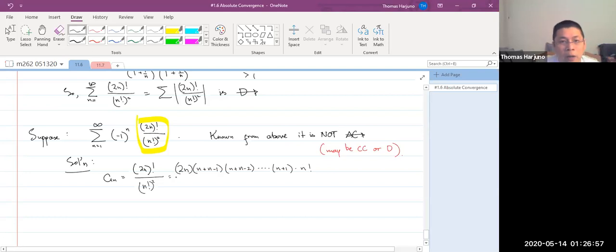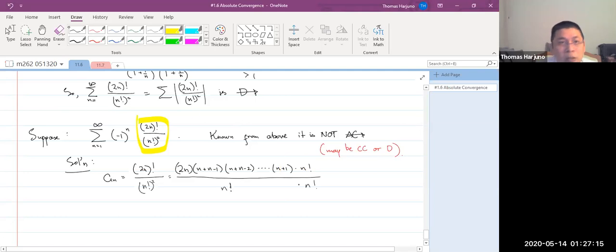While at the bottom, I have n factorial times n factorial. That way I can cancel this part.